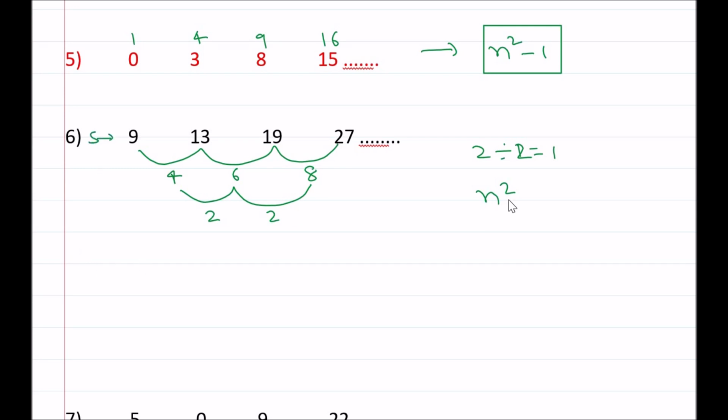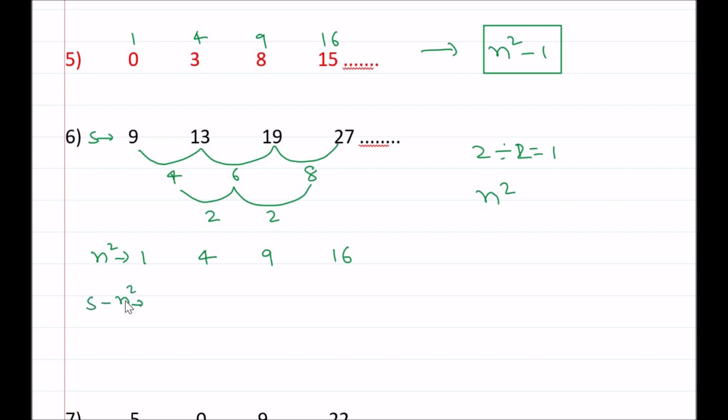How to find that? The sequence we already have here. Now we have got n square, so write n square here. N square is 1, 4, 9, 16. Right? So next what we need to do is find s minus n square.